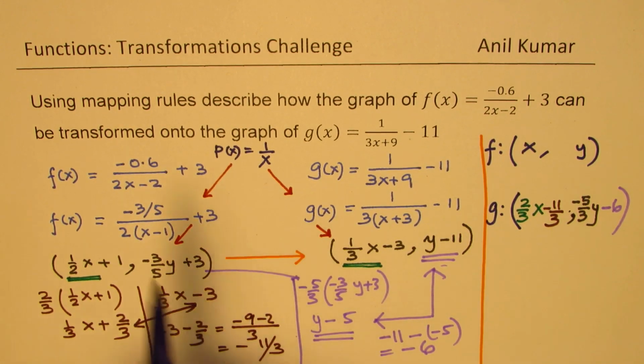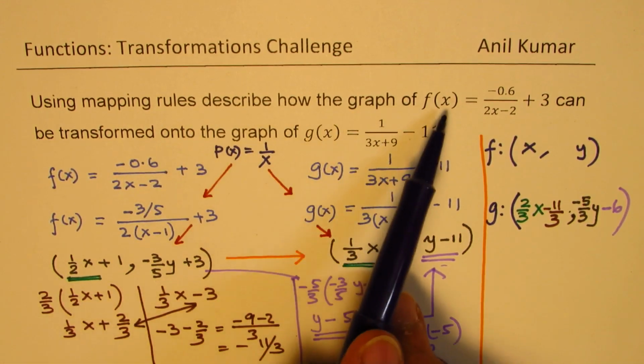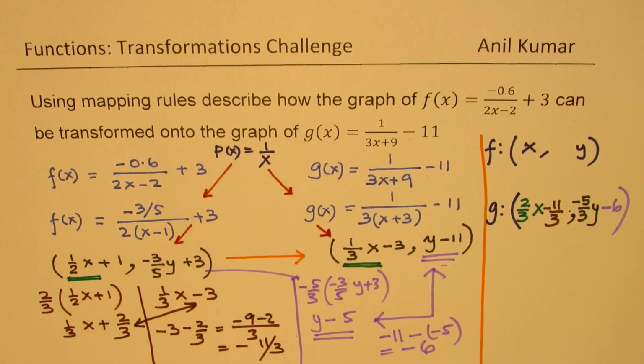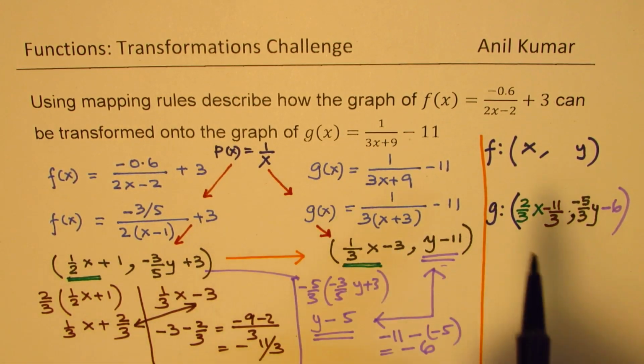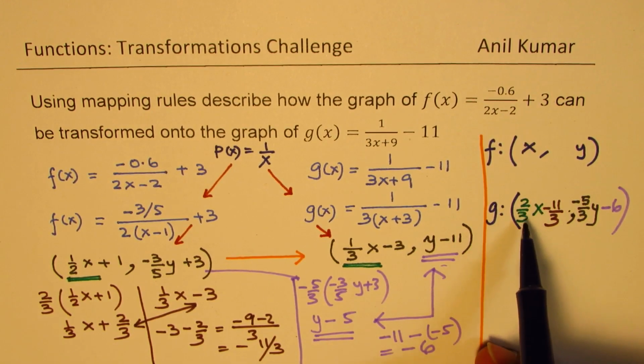So in our case, the question was, using mapping rules, describe how this graph can be transformed into that graph. Now you have to describe. So horizontally, it is getting stretched by a factor of 2/3, right? Because you're multiplying it.